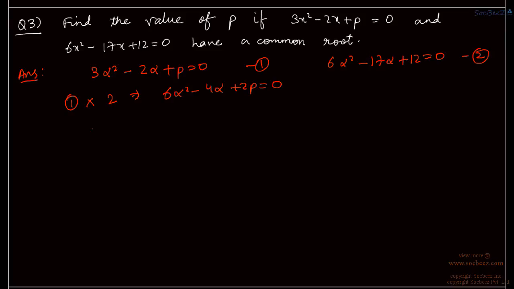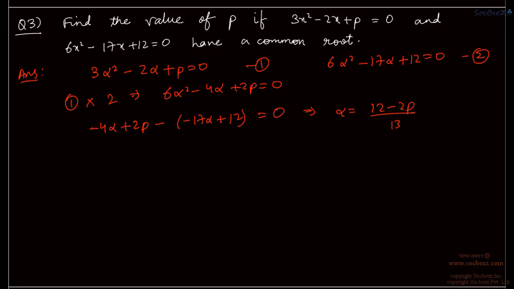So I get minus 4 alpha plus 2p, minus of minus 17 alpha plus 12. I need not write alpha squared because I know I am eliminating it. So I get alpha is equal to 12 minus 2p by 13, right?